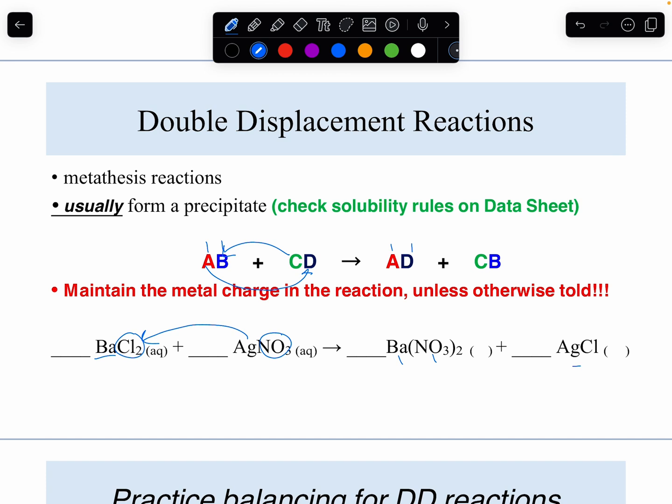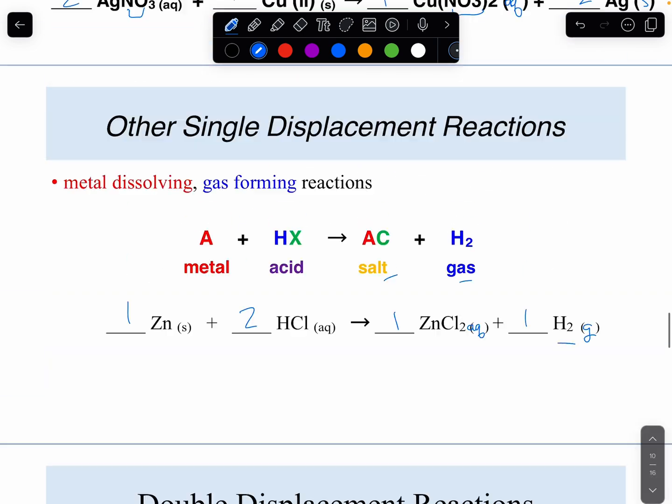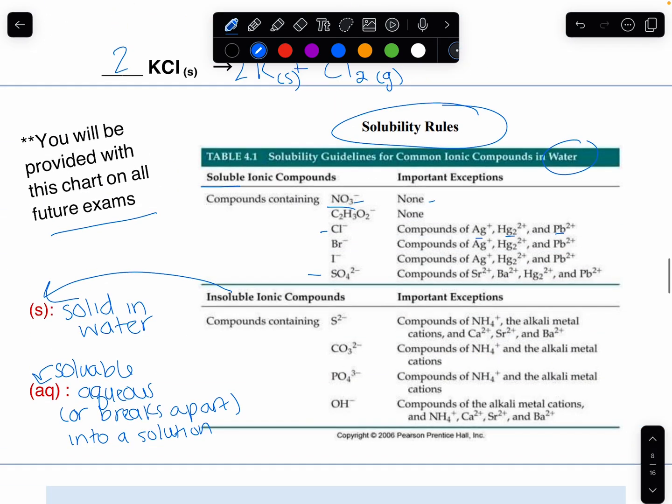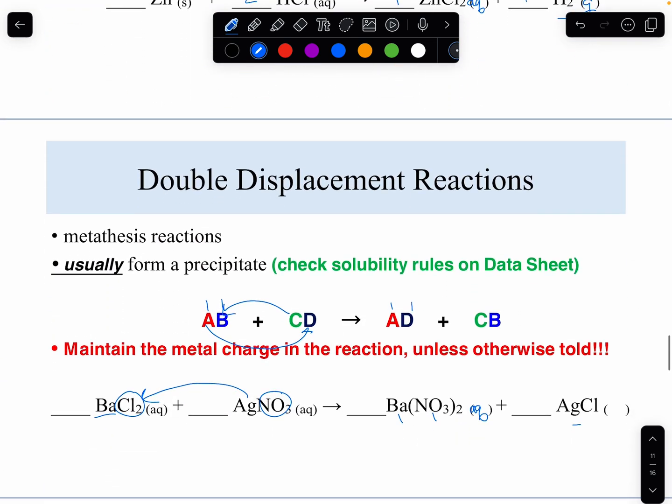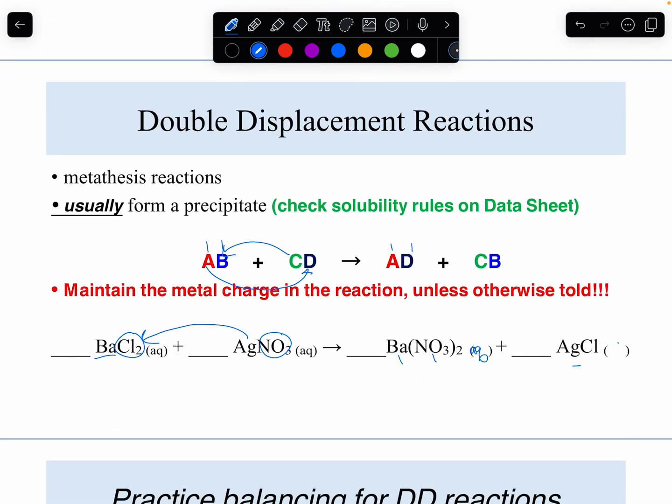So go ahead and check your solubility rules for this. I know this one is aq because it has a nitrate, and I need to go back to the Cls. So this is an exception, meaning it is going to be a solid. Now I wanted to do this one because when you have an aqueous as one of the products and an s as the other, this is what we call a precipitate.